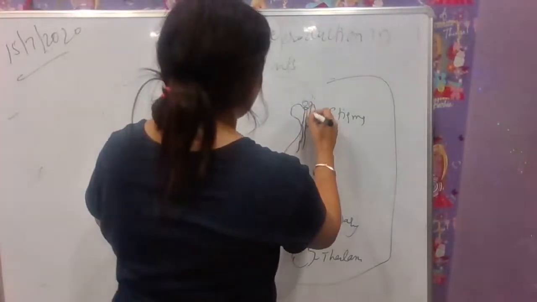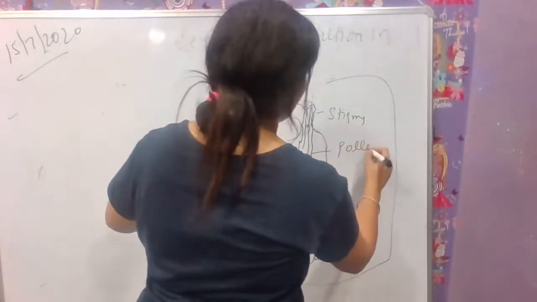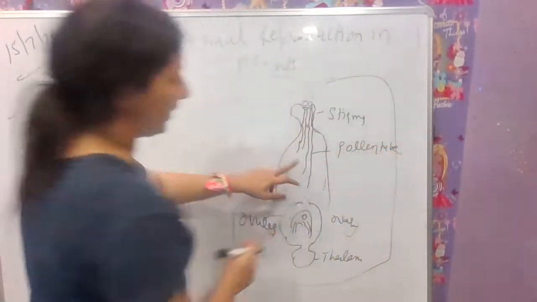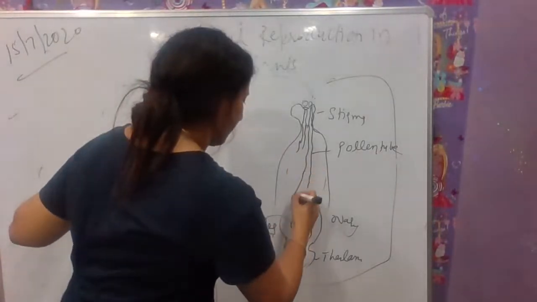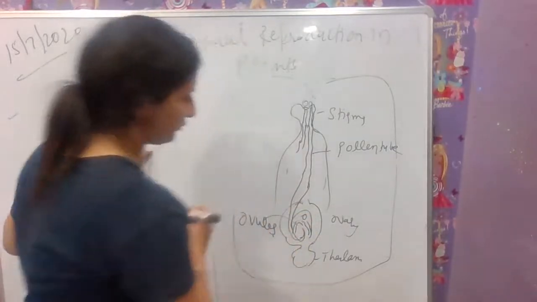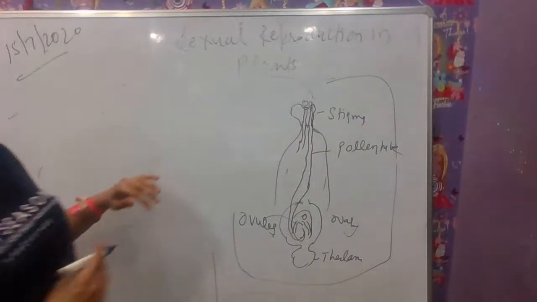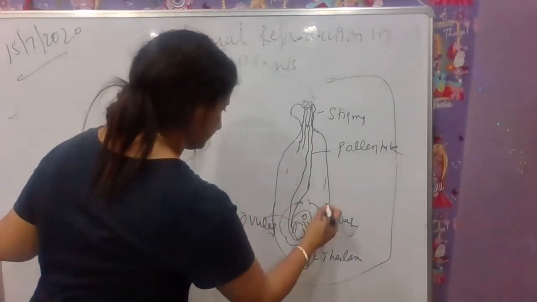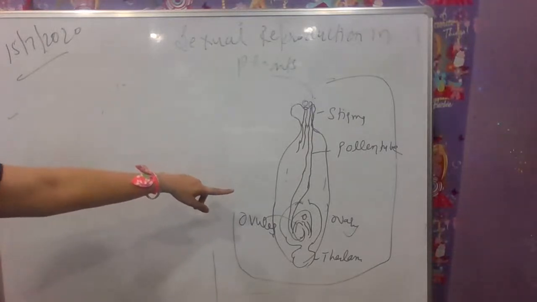These pollen grains form what is called a pollen tube. It will pass through the ovary. Where does it go? Inside the ovary. This tube will pass to the ovary.